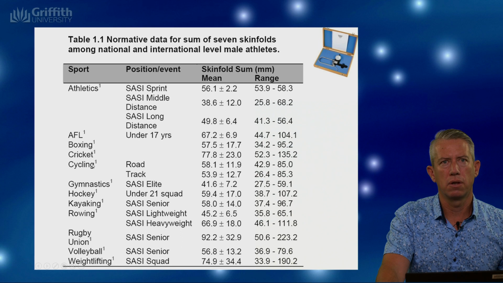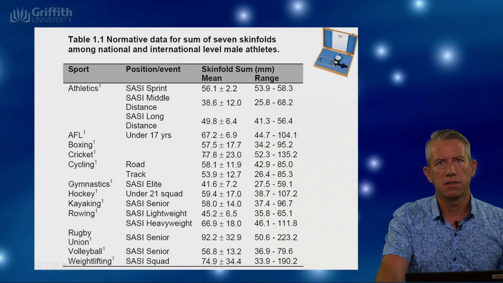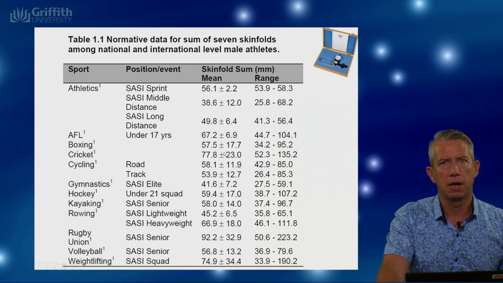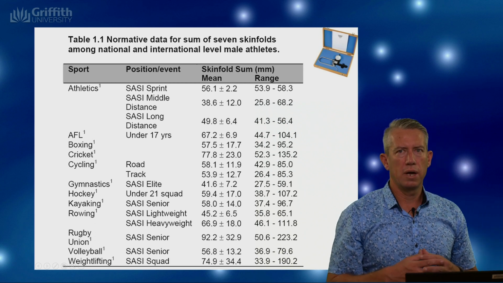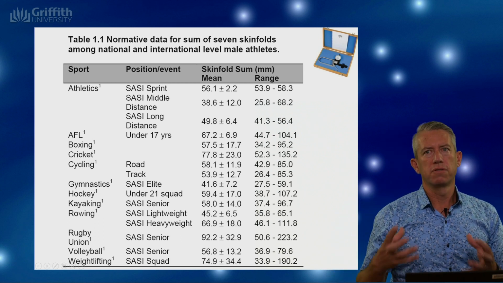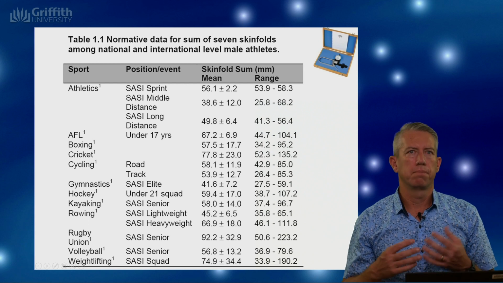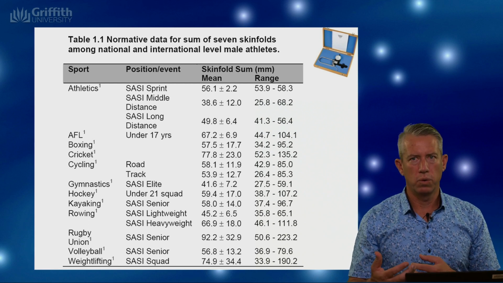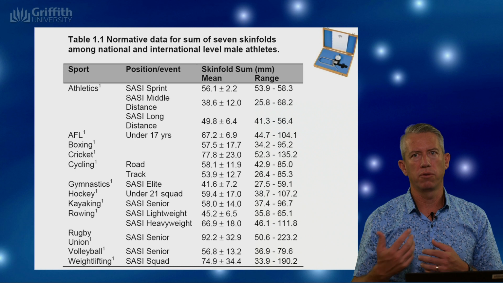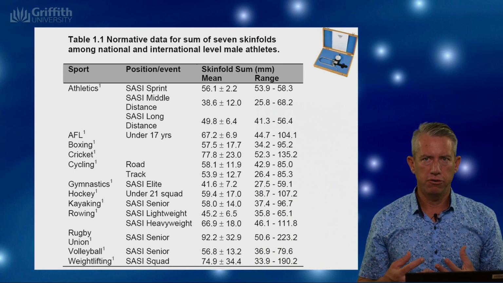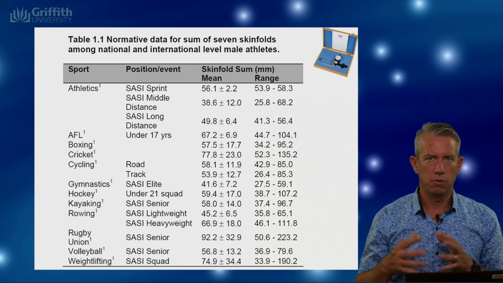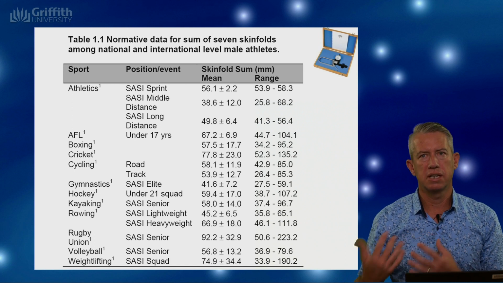If we go and have another look at another sport like cricket, you can see here that the skin fold is 77, but the standard deviation is 23 and the range is 52 to 135. So cricket is a sport where you've got lots of different disciplines within the sport: batsmen, bowling, all-rounders, fast bowlers, spin bowlers. And so it's likely to have different body shapes and body types in one team, and also it's a highly skill-based sport.